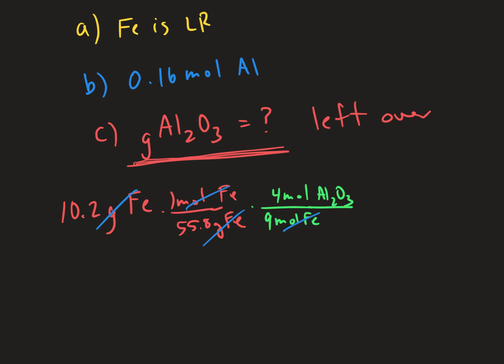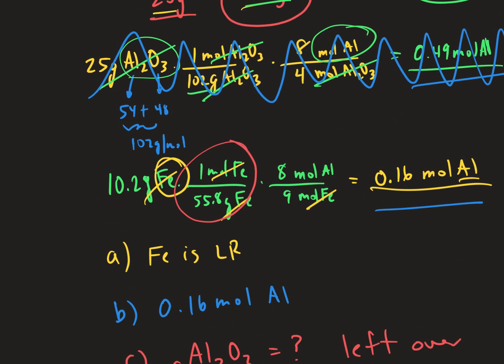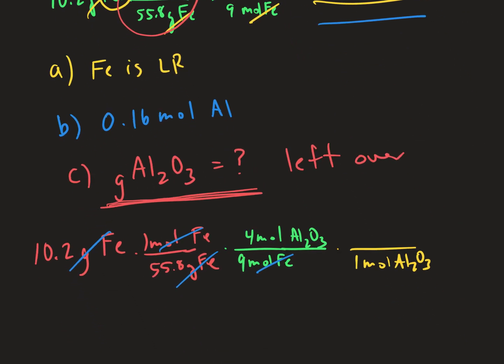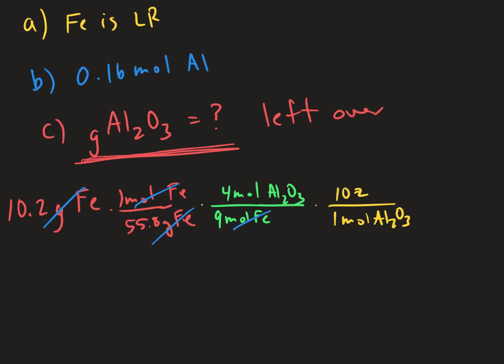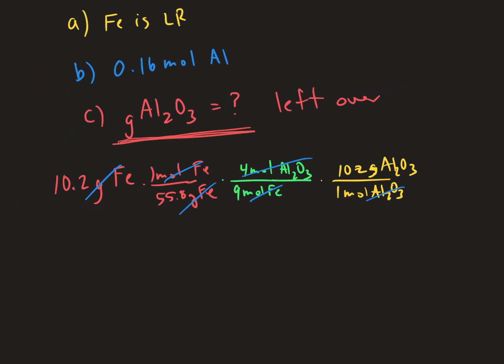So moles of iron go away. And now we got to convert moles of aluminum oxide to grams of aluminum oxide. So 1 mole of Al2O3 has a mass, and we don't have to redo this because we just have it up there: 102 grams of Al2O3. That goes away. We're left with grams of Al2O3, so we can find our answer here. 10.2 divide 55.8, multiply 4, divide 9, multiply 102.